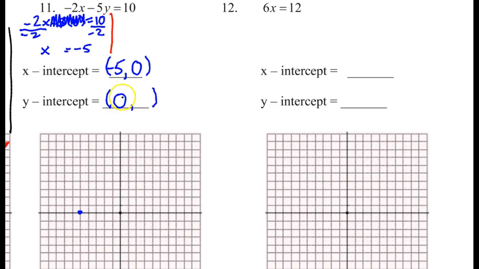Do one more, but plug in 0 for x. Negative 2 times 0 minus 5 times what is 10? This part will just equal 0. Negative 2 times 0 is 0. So you're left with negative 5 times what is positive 10. And when you divide both sides by negative 5, you get negative 2.